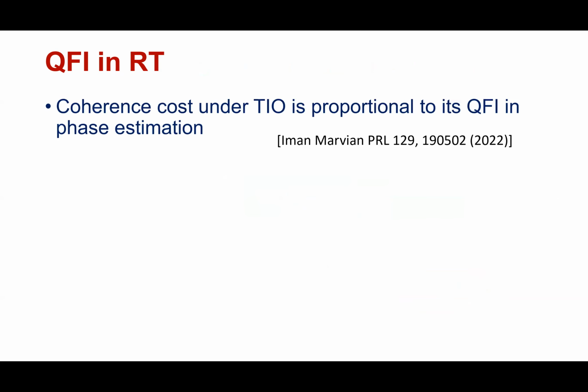So quantum Fisher information has been employed to quantify resources for several years. Here I only list a few recent results. In this paper, quantum coherence cost under translationally invariant operation is proportional to its quantum Fisher information in phase estimation.